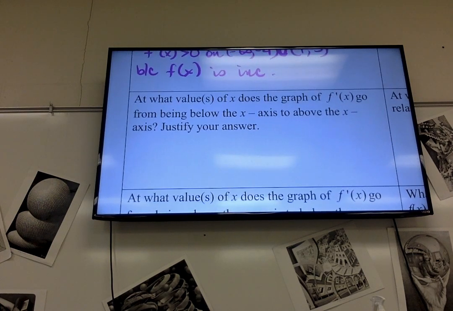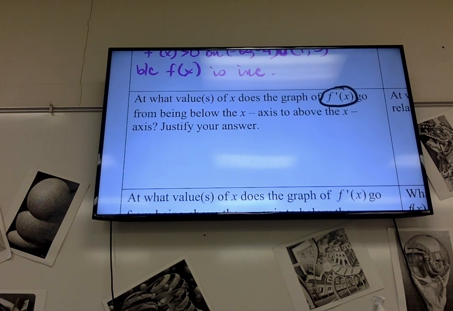Okay. So at what value or values of x does the graph of f prime of x go from being below the x-axis to above the x-axis? Okay, now we're talking about f prime of x. We gotta flip it over.